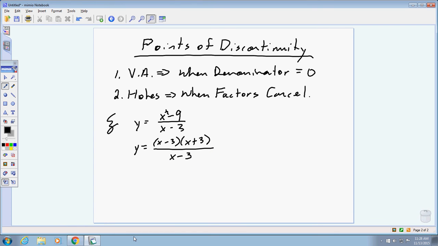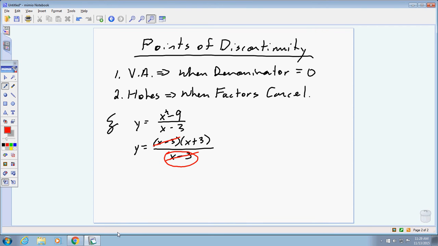Now it changes. I like to think of a hole as where your graph gets confused with itself. It's not sure: am I a vertical asymptote or am I not? Right now, this x minus 3 in the bottom isn't really a vertical asymptote because we cancel it with the one on top and it's gone.